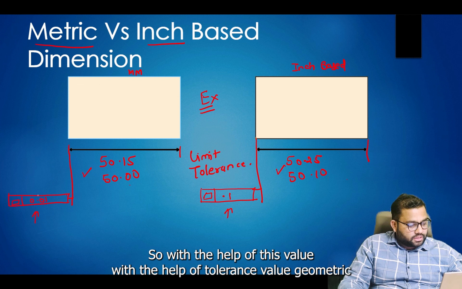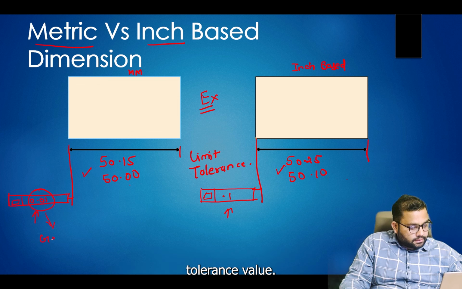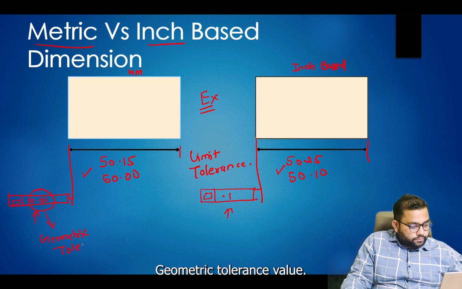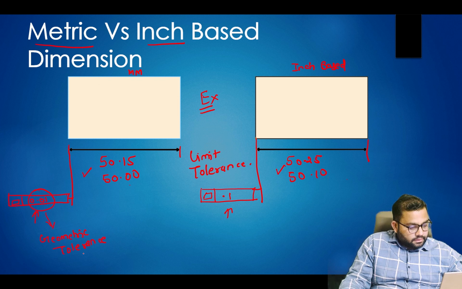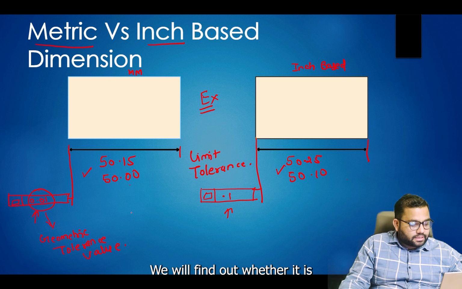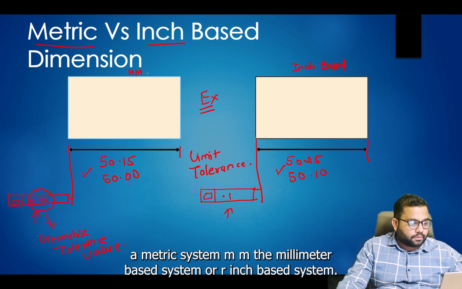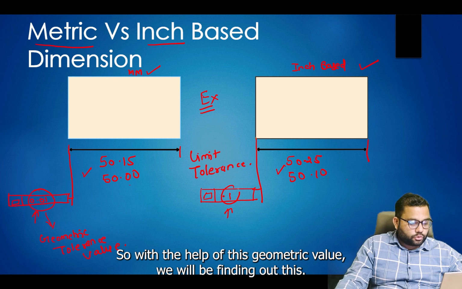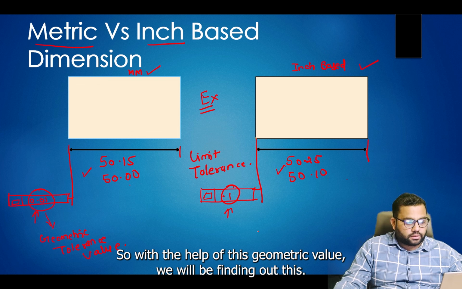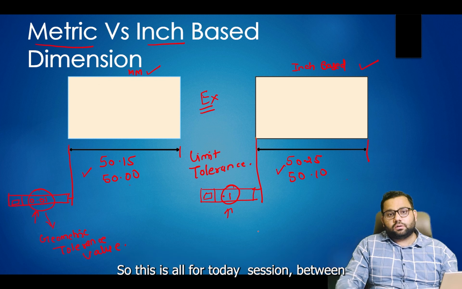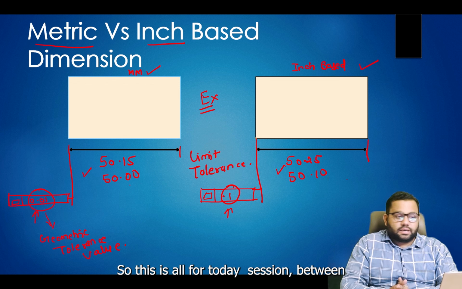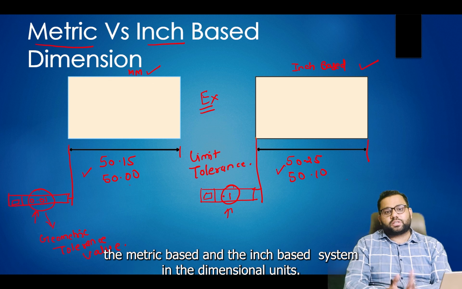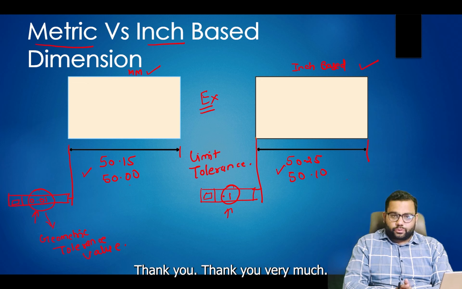So with the help of this value, the geometric tolerance value, we will find out whether it is a metric system, millimeter based system, or an inch based system. So with the help of this geometric value, we will be finding this out. Okay. So this is all for today's session between the metric based and the inch based system in the dimensional units. Thank you very much.